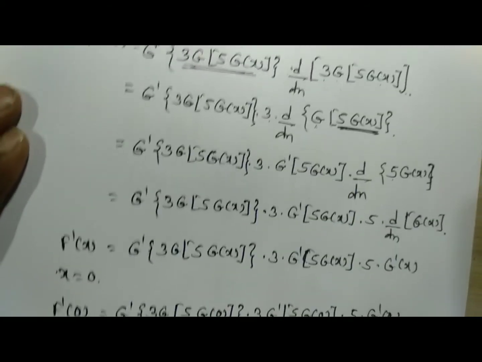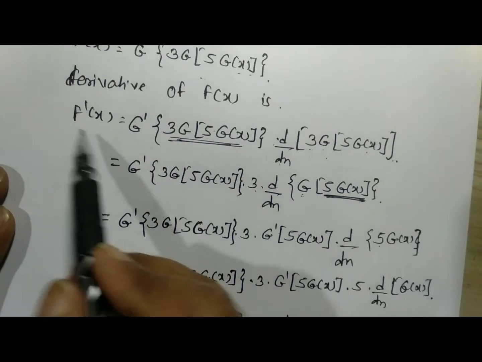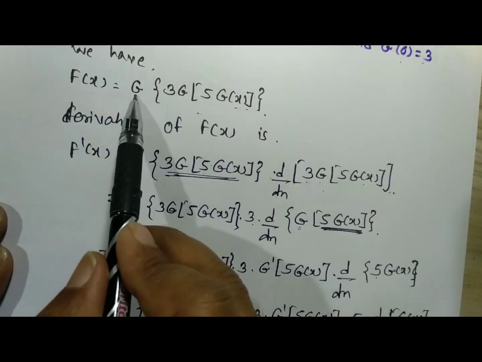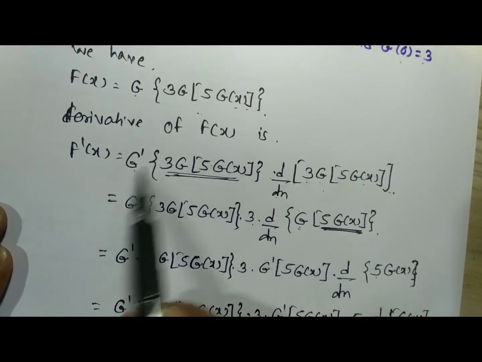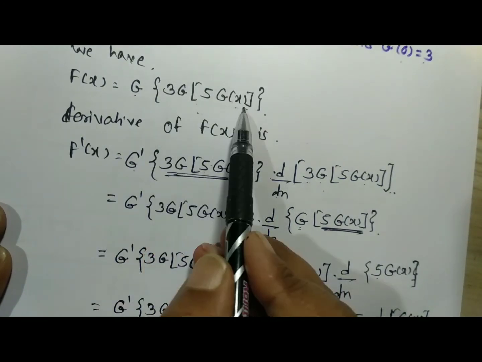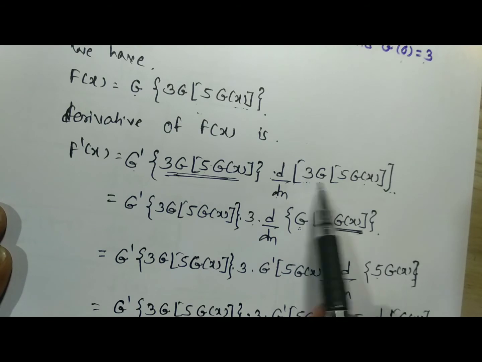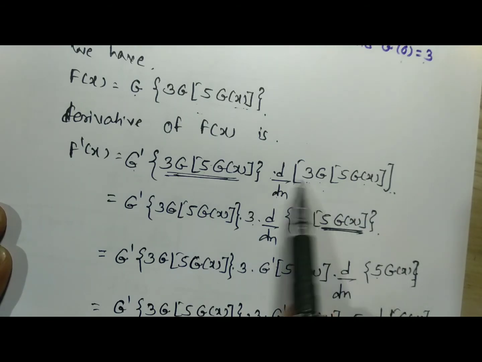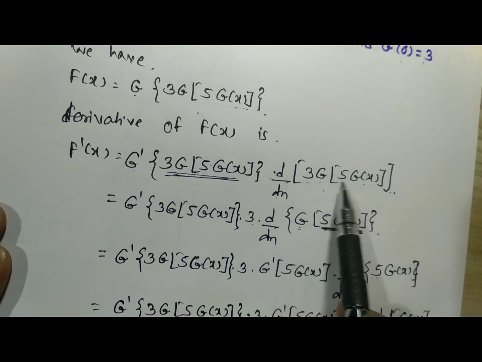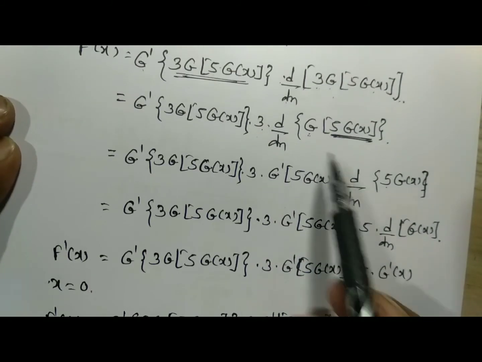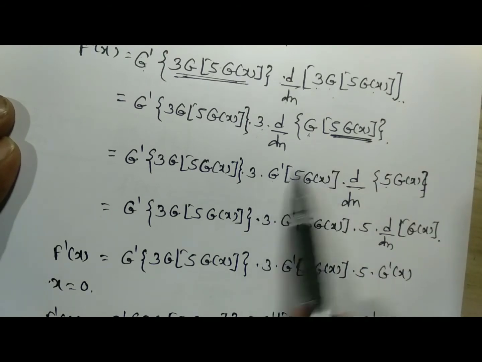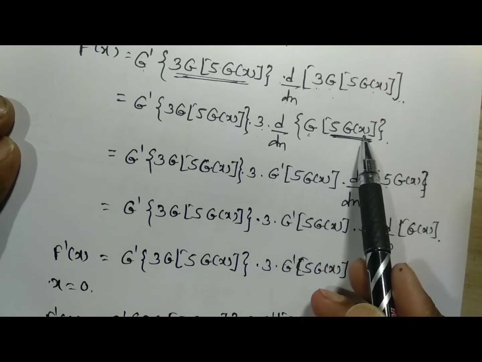Once again I am repeating the derivative of that function. First of all, we carry out the derivative of g and take the expression as it is. Then for this expression you have to find the derivative. 3 is a constant taken outside the derivative, and taking the derivative of g(5g(x)), you get g' with this expression put as it is.